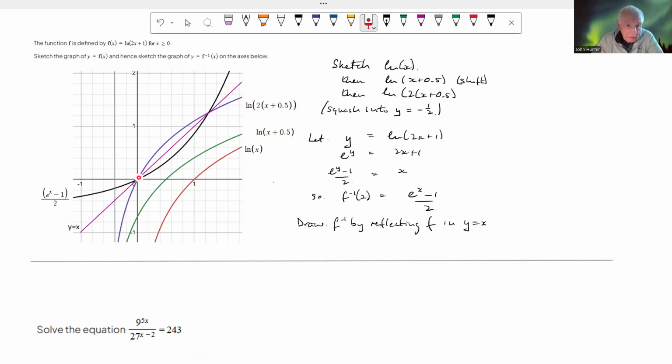What we're actually doing is squashing this, not by half into the y-axis, but into this axis, which is x equals minus 0.5. Now, if that doesn't seem right to you, then definitely go to the video on this.